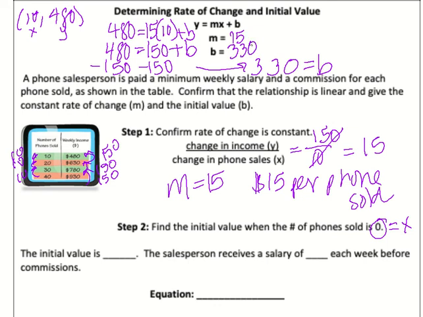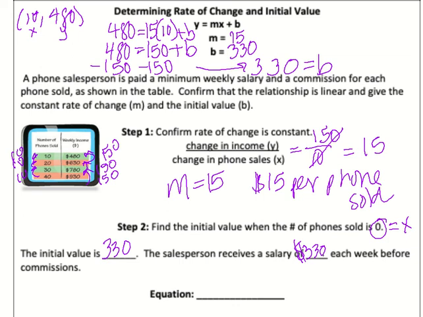So b is 330. What that means is the initial value is 330. The salesperson receives a salary of $330 each week before they sell any phones. So if you sell 0 phones in a week, you will make $330 no matter what.